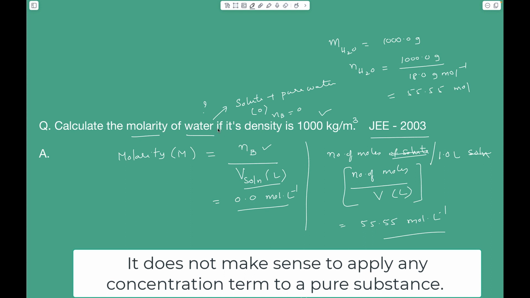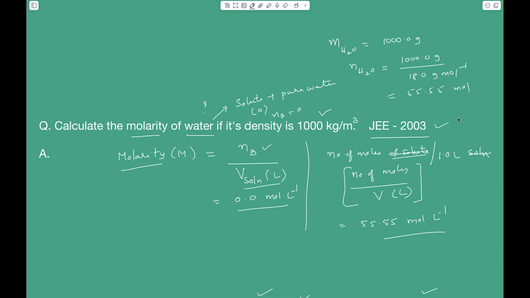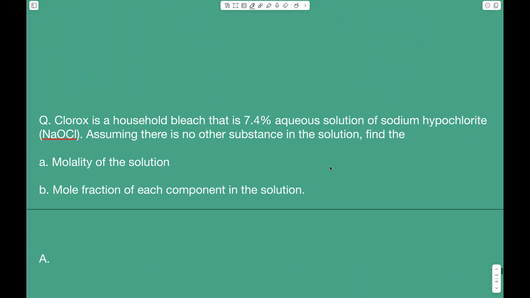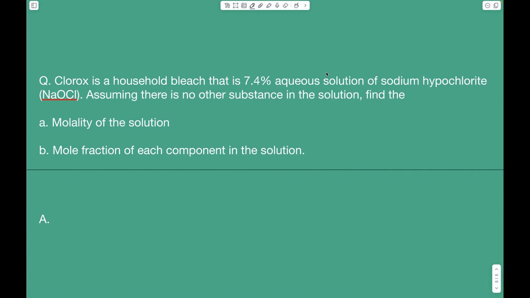Therefore, we cannot apply molarity to a pure substance. So this question does not make any sense to me, and I really doubt if this question really appeared in a previous JEE examination. Now let us work out a few examples on conversion of concentration terms.